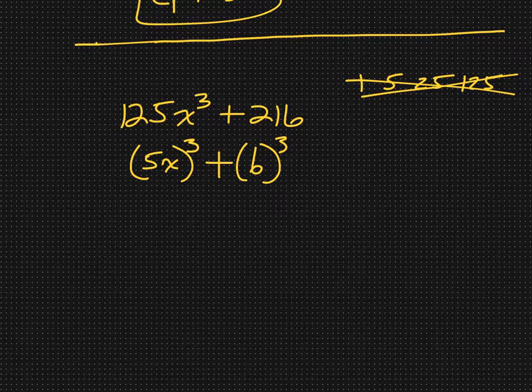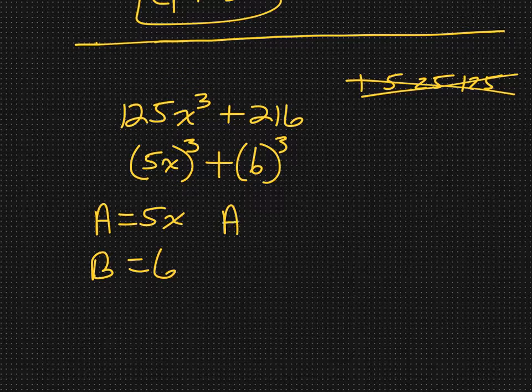Now you work out in front of me again for a moment and I'll catch up to you and we'll compare notes. Okay, so hopefully what you did next is you said, well, the A is 5x and the B is 6. And the other three things I need on a cube problem are always a squared, ab, and b squared.